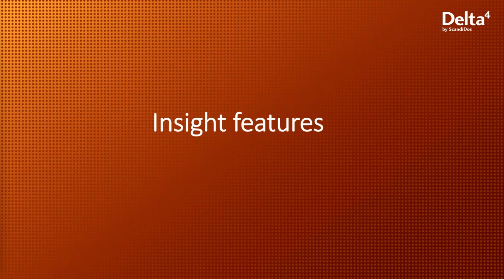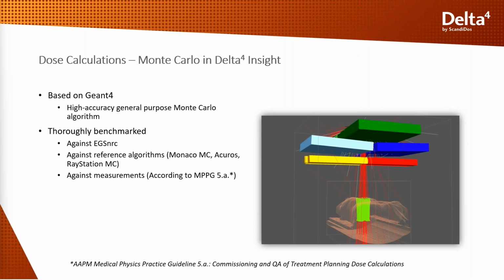So what do we offer you with Insight? The most important part of a secondary dose calculation software is, of course, the dose calculation algorithm. And Insight has Monte Carlo. Our algorithm is based on GEANT4, which is a high accuracy general purpose Monte Carlo algorithm.